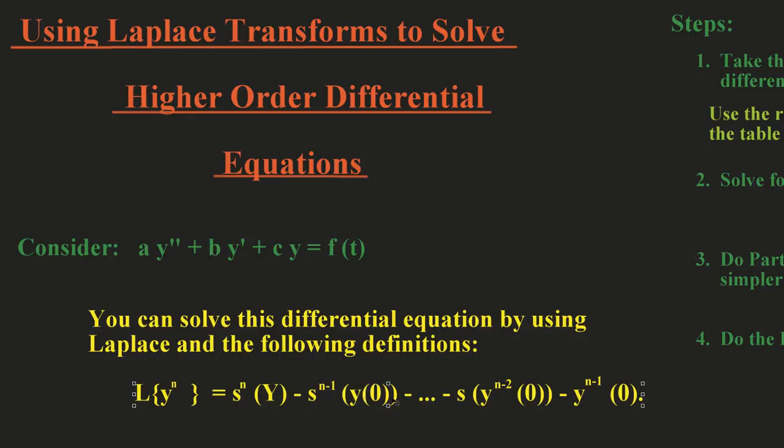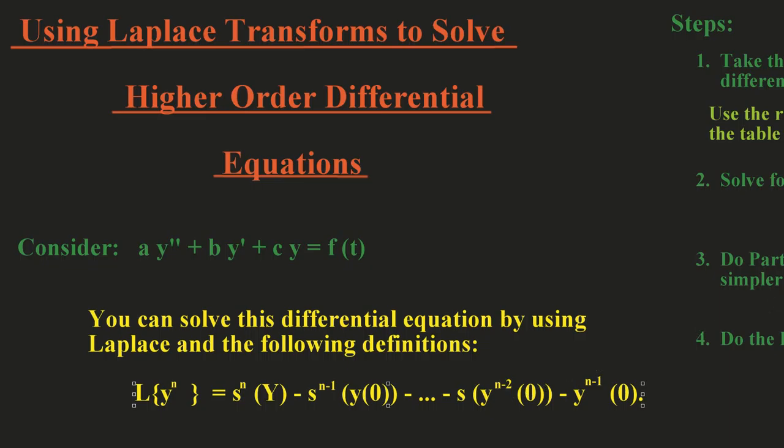This will be replaced with a number that's given, minus however many you need to get to s to the first power, and then y to the n minus 2 of 0, finally ending up with y to the n minus 1 of 0. These will all be numerical values.